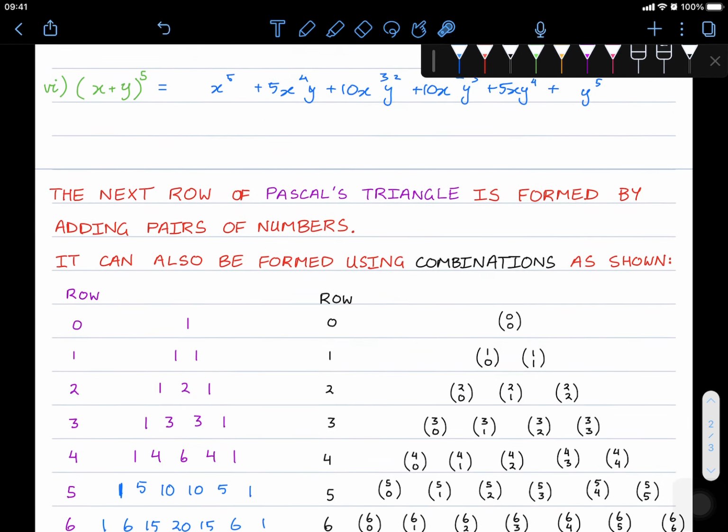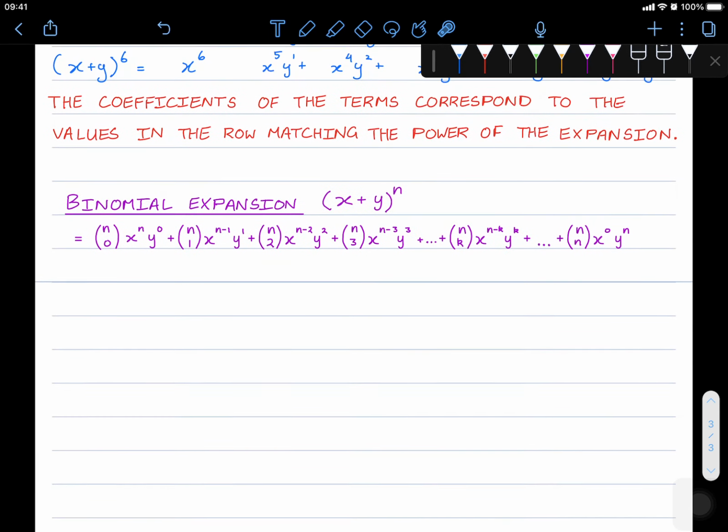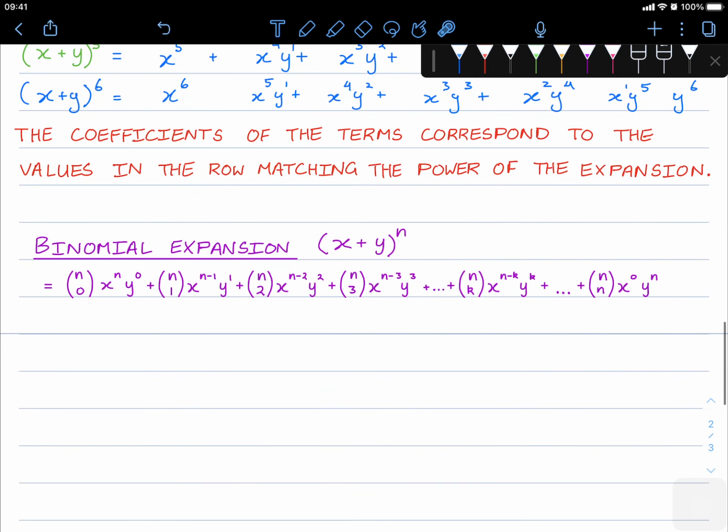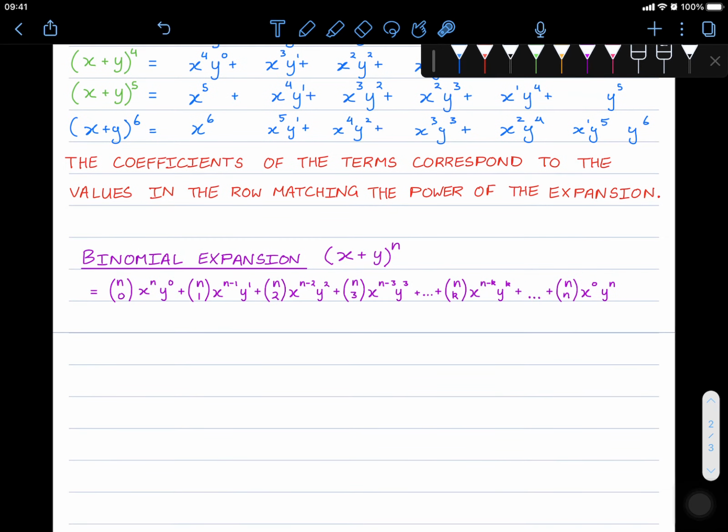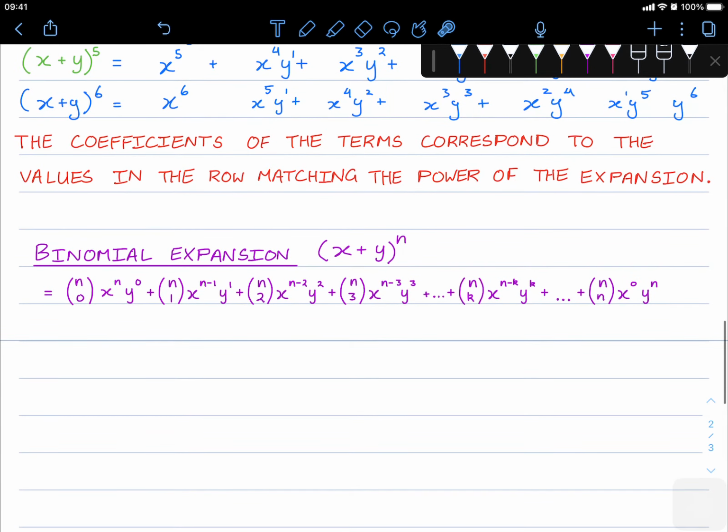Now, combining it all together, a binomial expansion is given by this one here. Let's look at the powers first. If we have x plus y to the power of n, we start on x to the power of n, and then we keep decreasing by a power of 1 for all the x's.